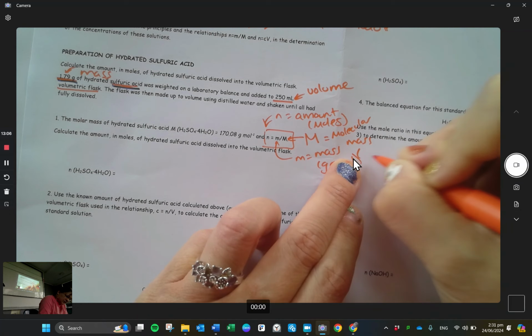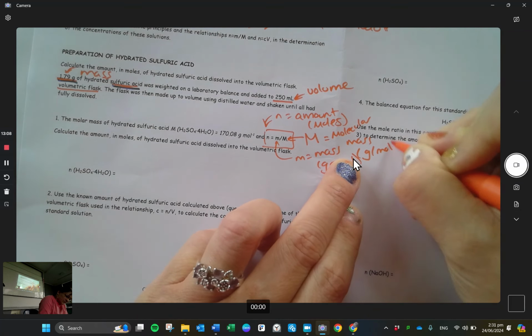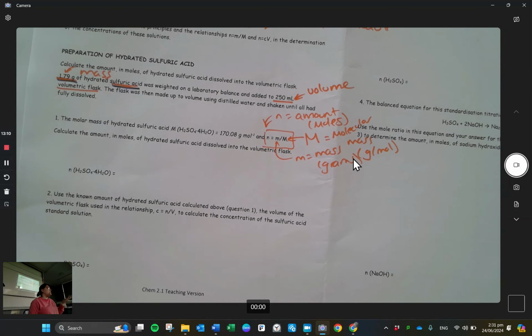So that is referred to as grams per mole. So basically, what would the weight be if I had 1 mole of that substance? Any questions so far about that? Are we good? All right, so let's start plugging in the numbers.